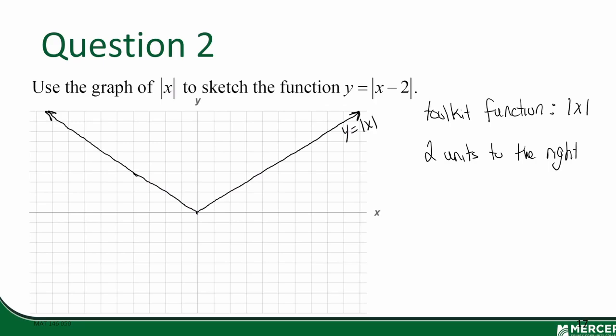And again, convenient point to pick: the vertex goes to the right 2 units.